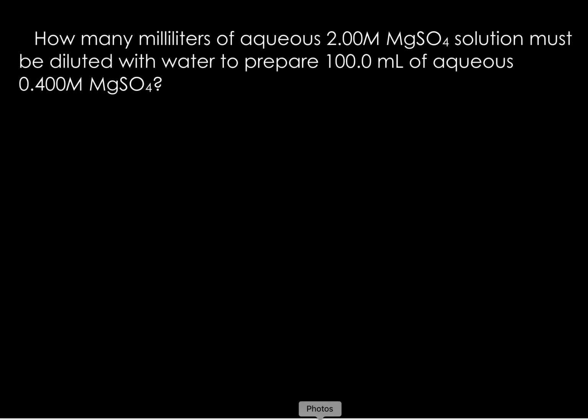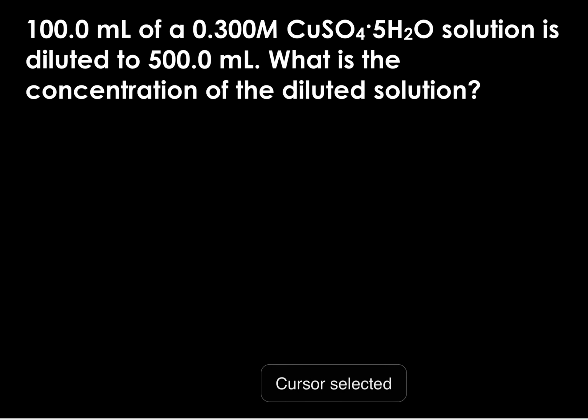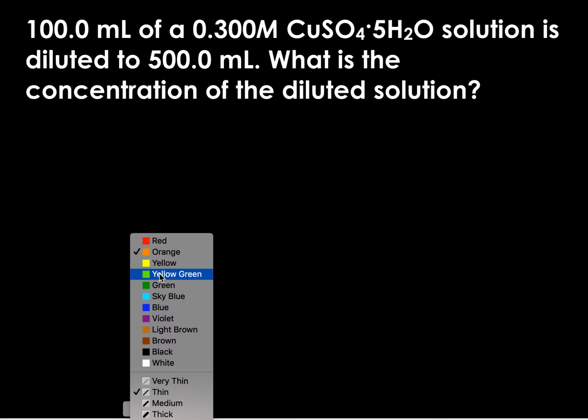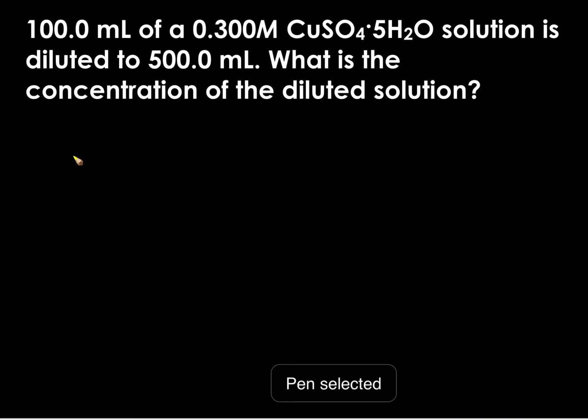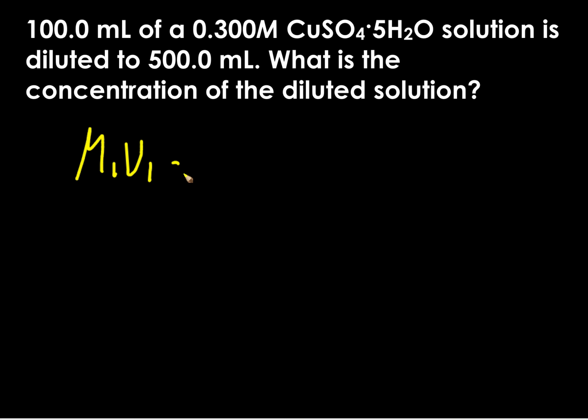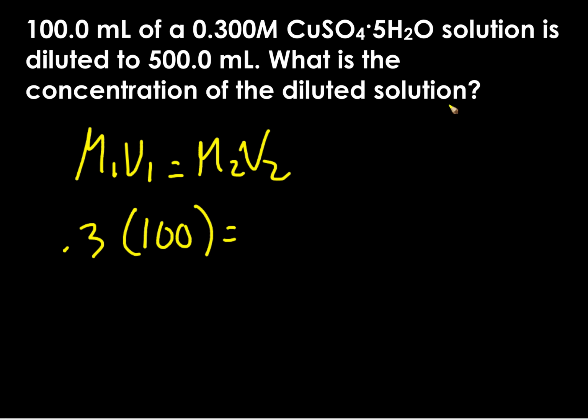And then the last one, it says 100 milliliters of 0.3 molar copper(II) sulfate hydrate solution is diluted to 500 milliliters. What is the concentration of the diluted acid? We know our equation. So M1, 0.3 times 100 equals, the molarity we're looking for is the concentration, so M2, times 500.